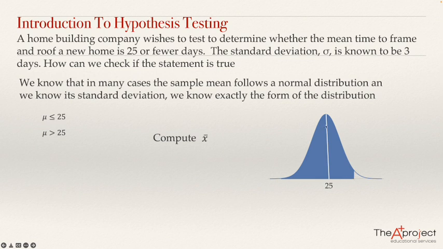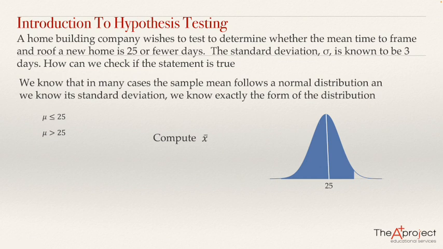One part in which we are going to accept the hypothesis that the mean is less or equal than 25, and another region that is, in this example, located to the right of the distribution, in which we are going to reject the hypothesis that mu is less or equal than 25 if the sample mean falls in this area. This will be the area of rejection.